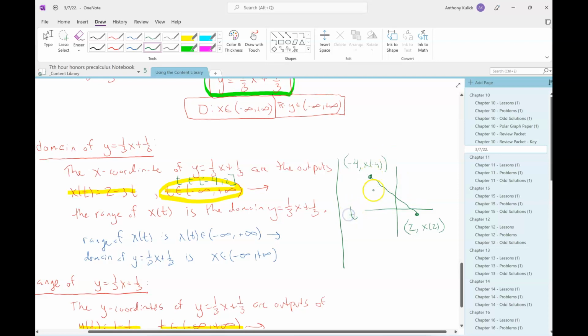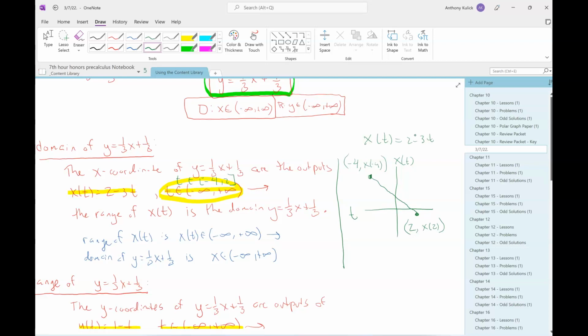And again, the axis here is t, x of t, and what we're graphing is x of t equals 2 minus 3t. This is not at all to scale. I just drew a picture to help us visualize what's going on.